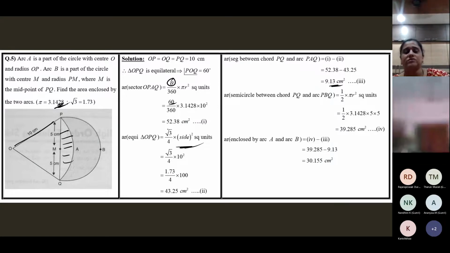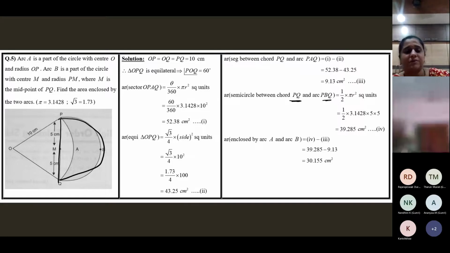Then find the area of the semicircle, the semicircle which is between this chord PQ and this arc. That's what I've written here: area of semicircle between chord PQ and the arc PBQ. So why half pi r square?